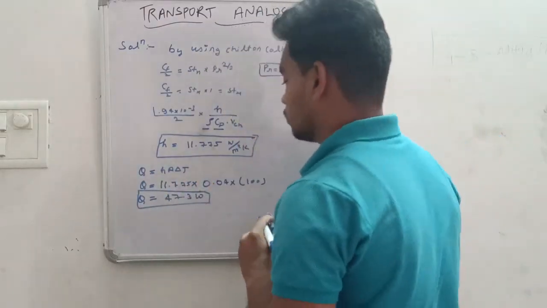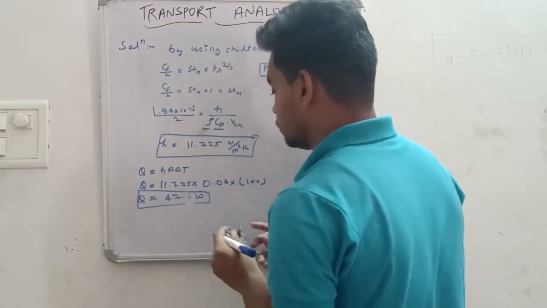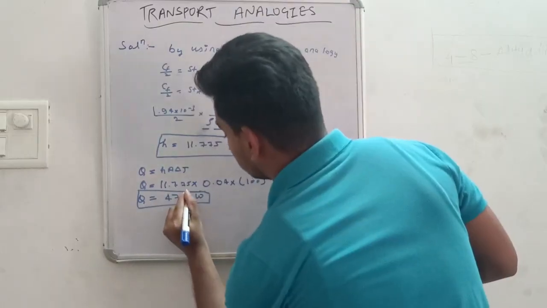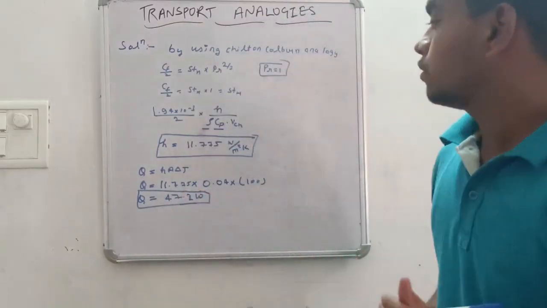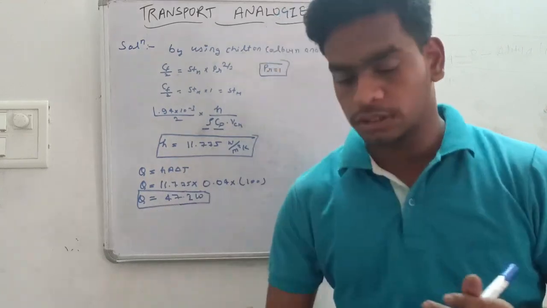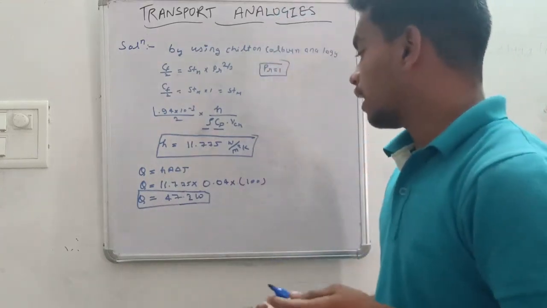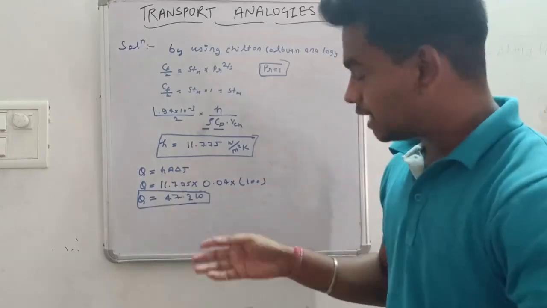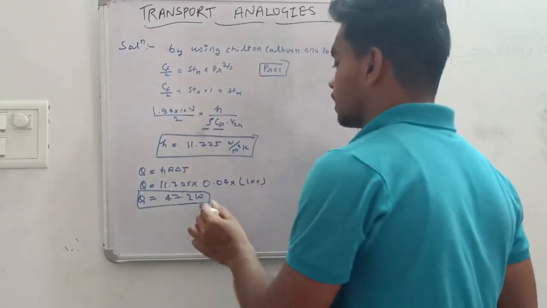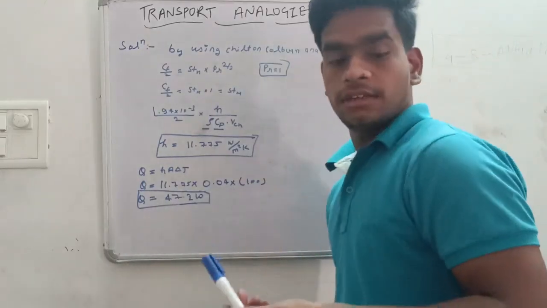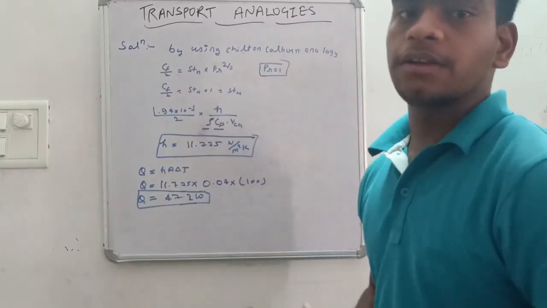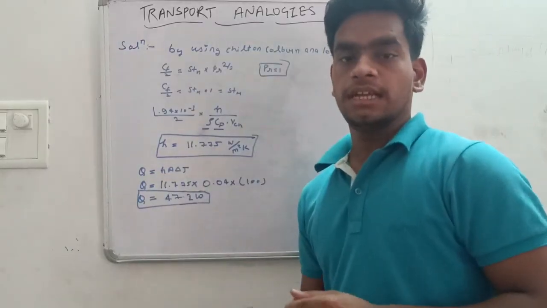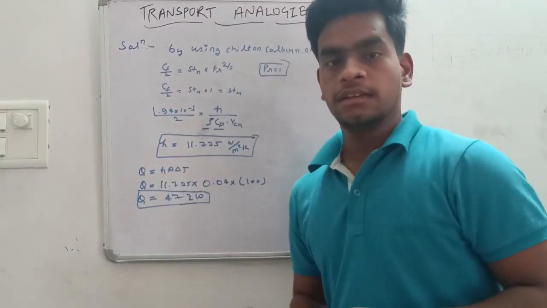It is okay, it is fine, just a little bit mistake on writing. So this is the final answer of this question. I am concluding this with the answer. It shows this much heat is transferring from the plate to the environment because of temperature difference in the form of heat.